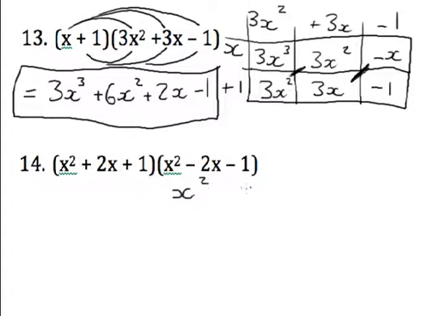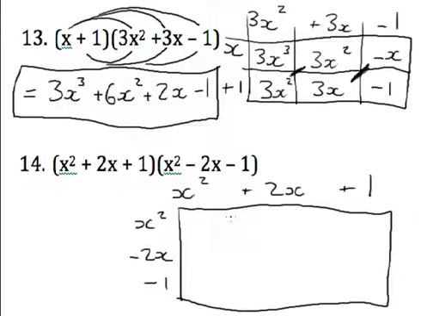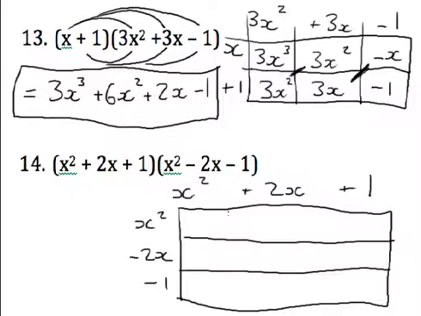I have x squared plus 2x plus 1 multiplying x squared minus 2x minus 1, and I have a box that has 3 columns and 3 rows, so as long as I can write small enough I will have 9 entries.